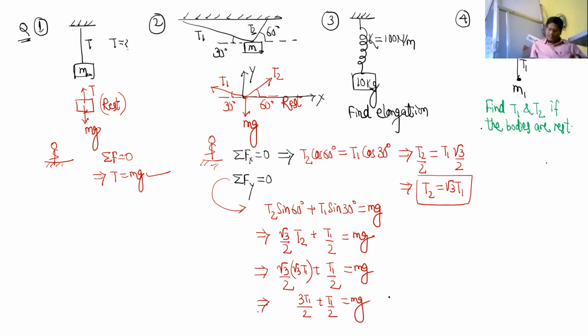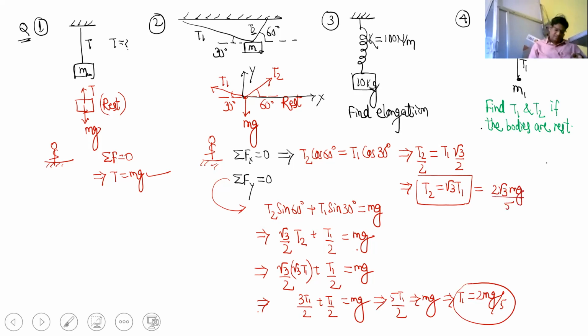So from here 5 T1 by 2 equal to mg, so T1 equal to 2 mg by 5. Have you got this much? Yes, sir. So now T2 can be written as 2 root 3 mg by 5. So this should be the answer.